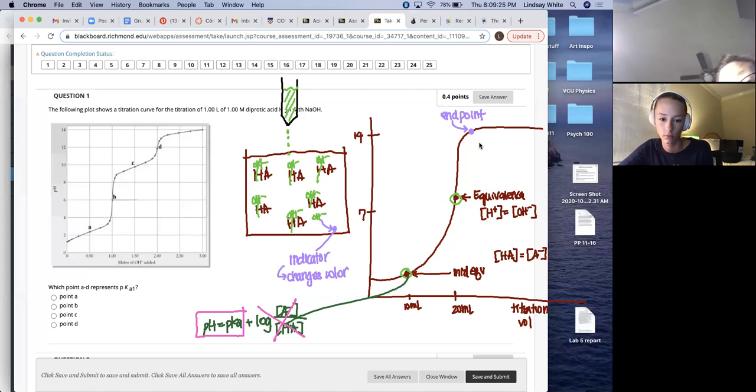Basically that's the Henderson-Hasselbalch equation and the sigmoidal curve. Now, when you have one equivalence here and then another one there, it means that this is a polyprotic compound. It means that you have at least two protons that are falling out. Does that make sense? Mm-hmm. Okay.